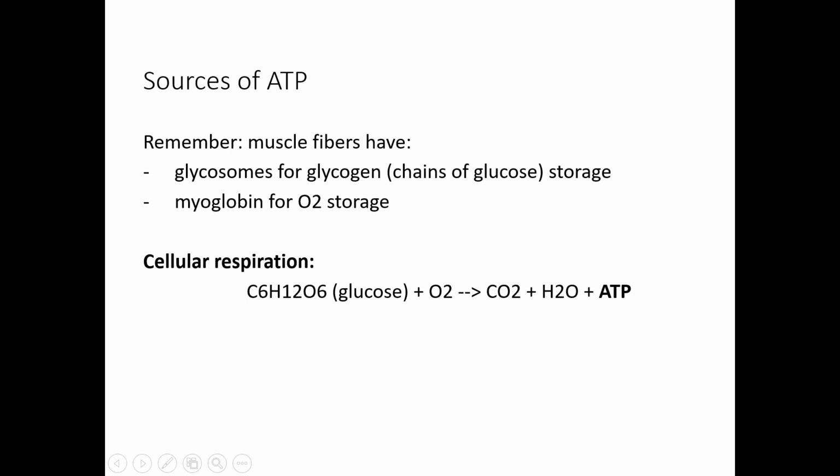Our muscle cells always have a storage of oxygen attached to a special protein called myoglobin. That myoglobin gives muscles that red color. And also glucose. Glucose is stored inside of the muscles in special vesicles called glycosomes.